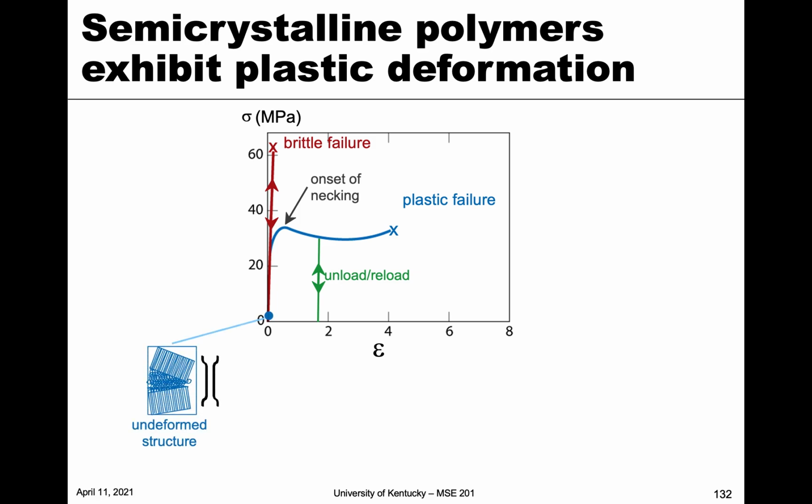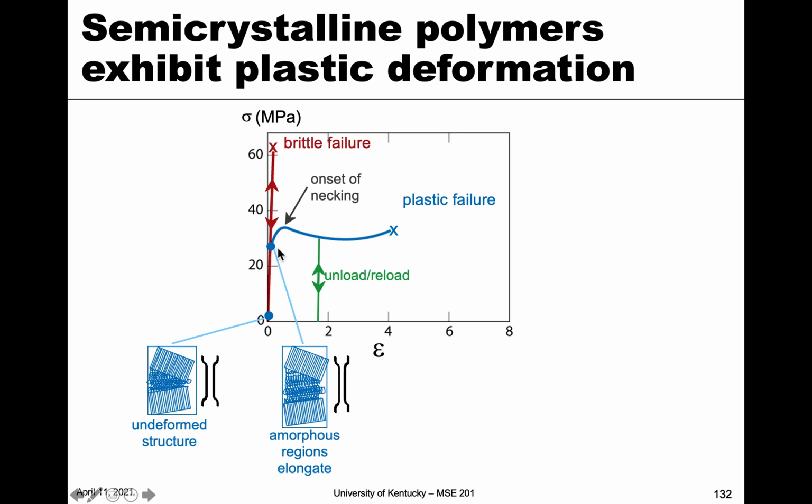So let's look at it on the sort of structural level. So undeformed, if we make a tensile bar out of it, we're going to have crystalline regions, you can see, and they're connected to non-crystalline or amorphous regions in between. And so when we stretch them, we're actually stretching the amorphous regions, which are easy to move.